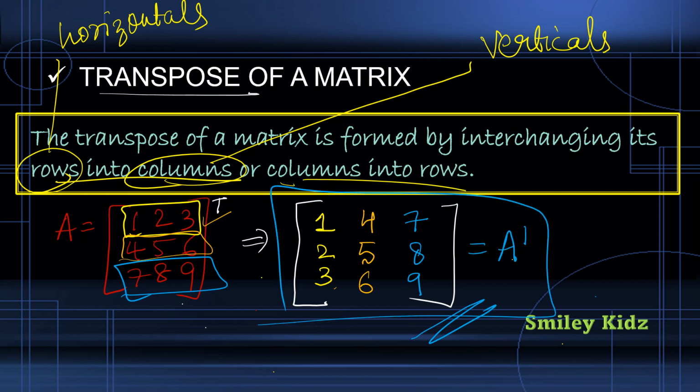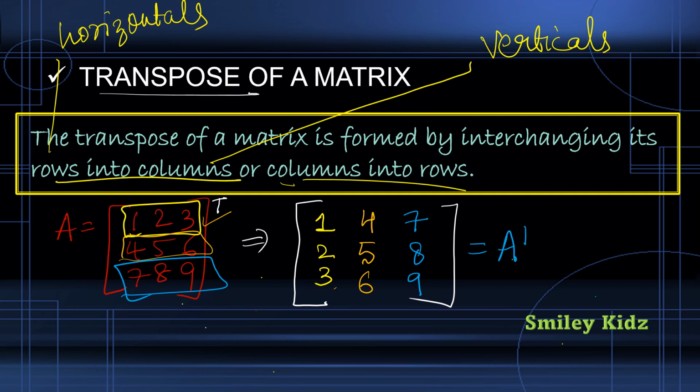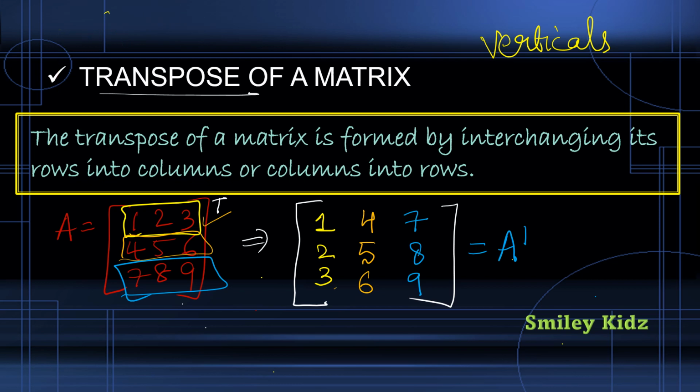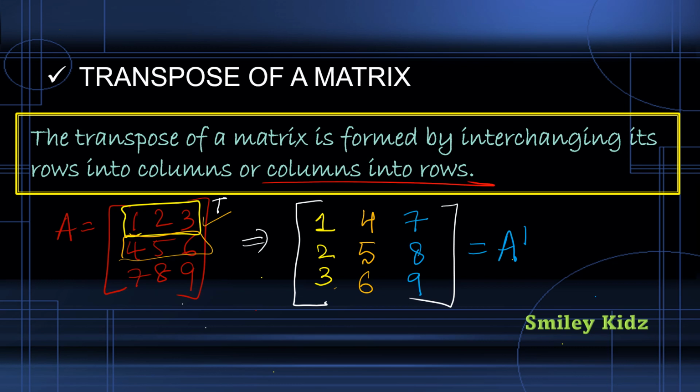Then, I already told you that rows into columns or columns into rows will be absolutely the same thing. Let's see if it does verify here. So here I have columns into rows. Let's take my first column as 1, 4, 7. If I convert this into a row, it will be in this manner, isn't it?